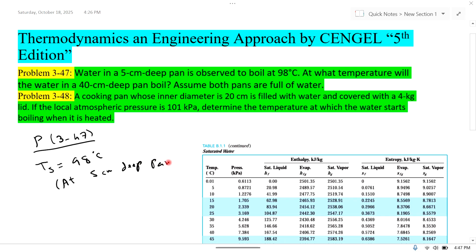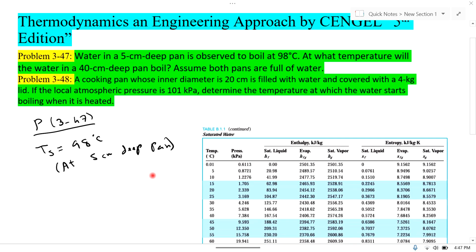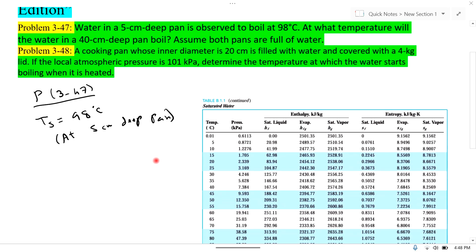The pan is full of water and the depth of the pan is 5 centimeter. So there the boiling temperature is 98 degrees centigrade. Now at what temperature will the water in a 40 centimeter deep pan boil?